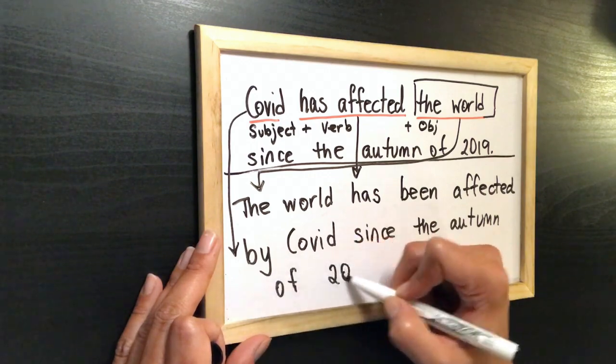So in this case, it's sort of important. It's not as important as the fact that the world is being affected so heavily, but it is important to note that it is by COVID. So sometimes the by is necessary, or at least it gives you an added piece of information that helps you understand the sentence better and put it into the correct place in history.